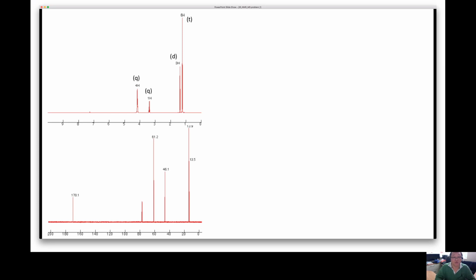What that means is that with two ethyl groups, the CH2 becomes a quartet because it's split by the three hydrogens, and the CH3 becomes a triplet because it's split by the two hydrogens. But if you have two groups, then that explains why we got the four hydrogens and six hydrogens over there. So this is definitely two ethyl groups.